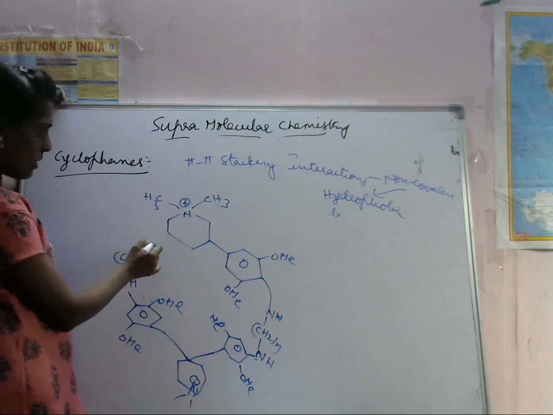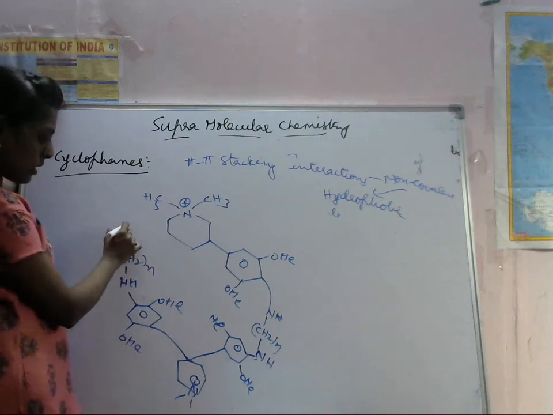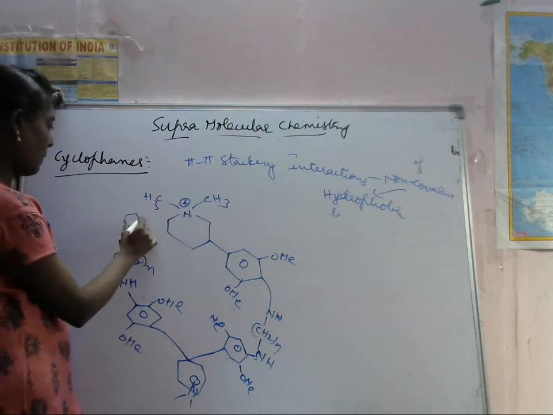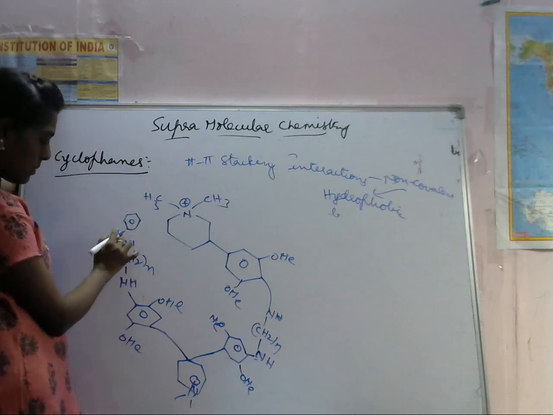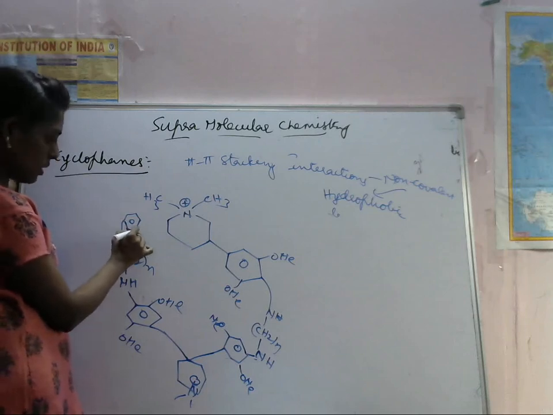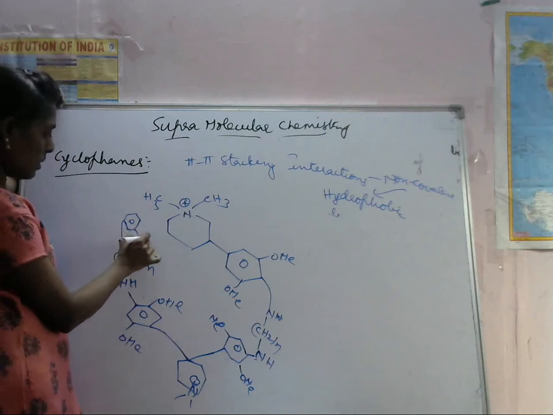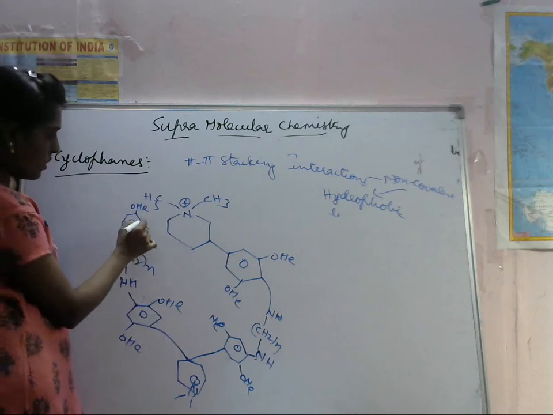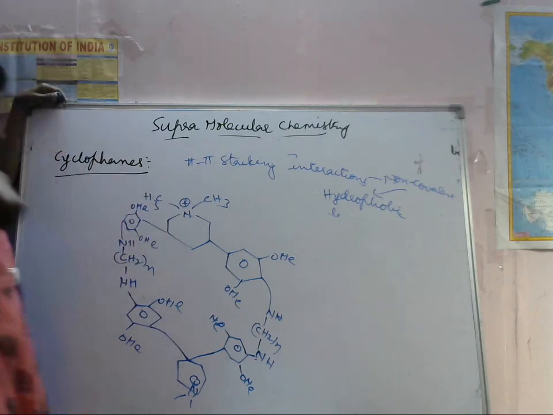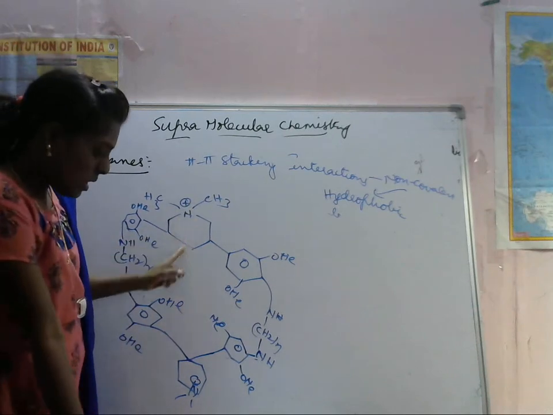Next NH, which is attached to OMe groups, and attached to this one, like this. So this is the presence of quaternary ammonium.